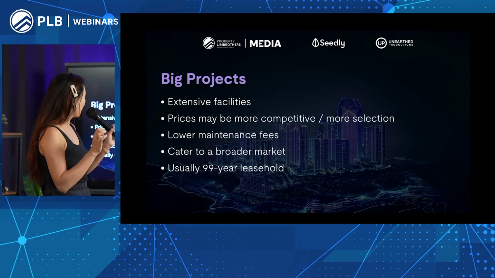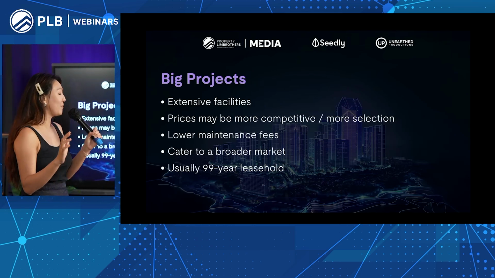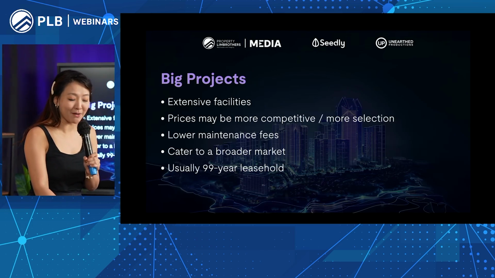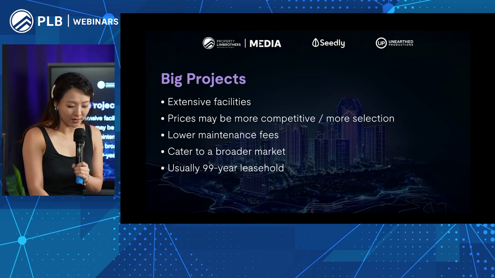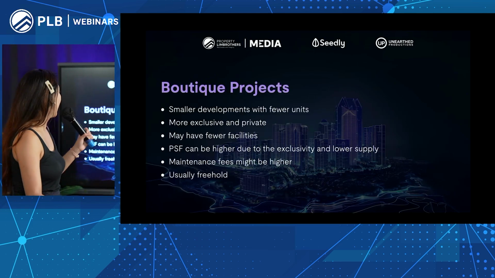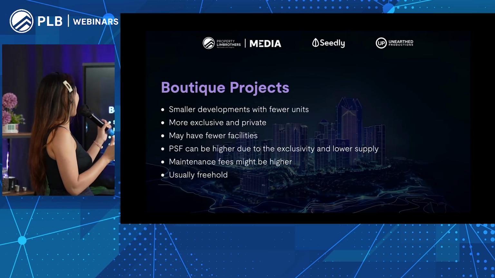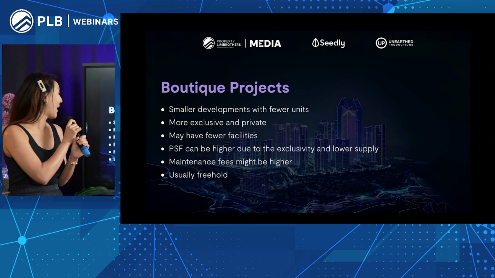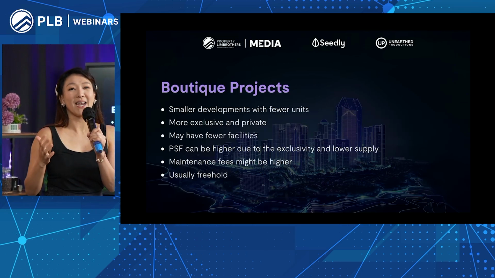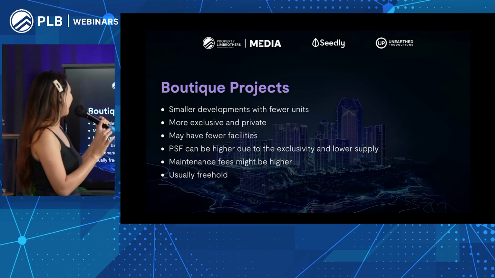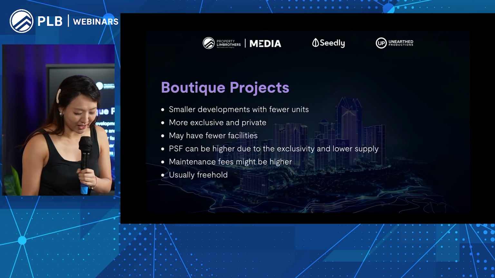The flip side is that these bigger projects usually belong to a 99 leasehold property. Whereas boutique projects are usually more exclusive, more private. Maintenance fees may sometimes be higher because you divide by fewer owners, but the flip side is that they are usually freehold in tenure.